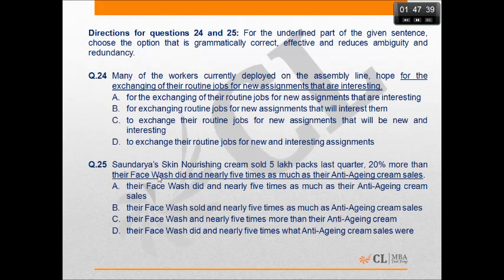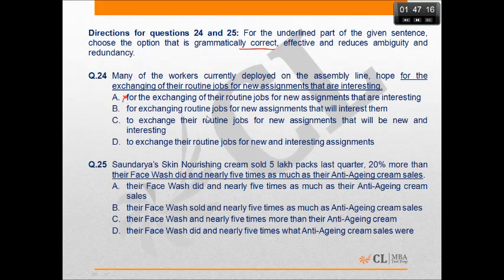Okay, grammar. Many of the workers currently deployed on assembly lines hope for the exchanging of their routine jobs for new assignments that are interesting. Hope for exchanging, yeah, hope to exchange. Hope for the exchanging, no, this is definitely incorrect.